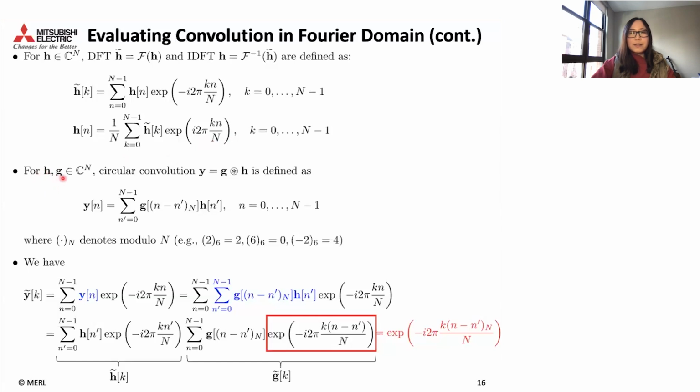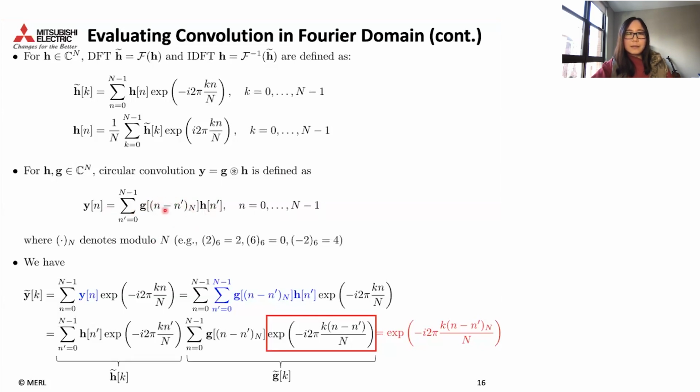Now consider the circular convolution, which is slightly different from the linear convolution that we need to do. That's why I'm using y, not v, the notation that I used earlier. Suppose we have two vectors of length n, and we want to do the circular convolution between them, which in equation is written as this convolution.